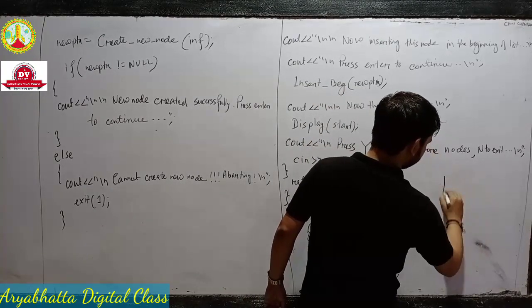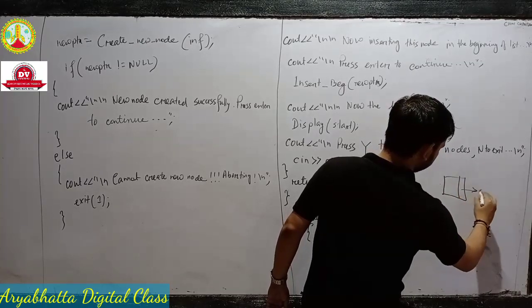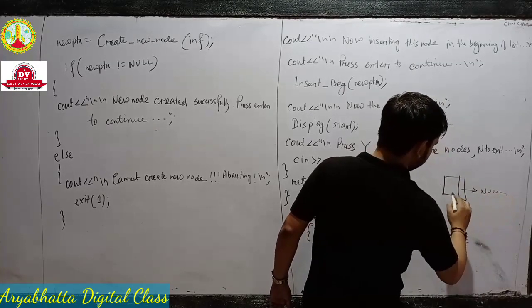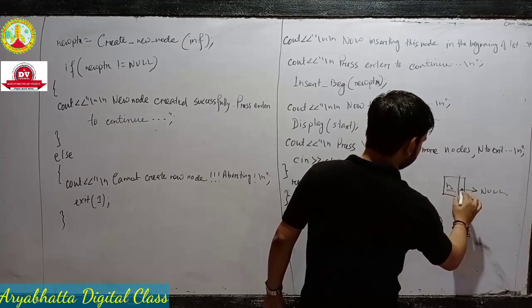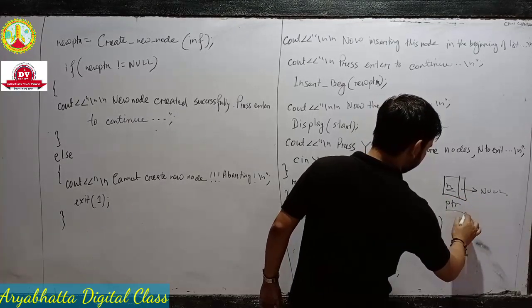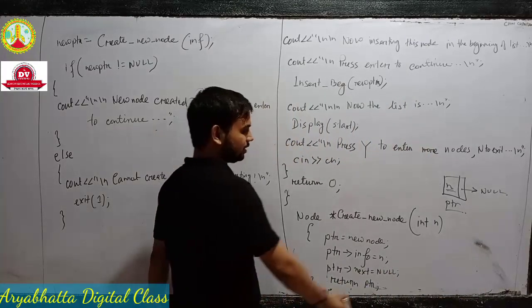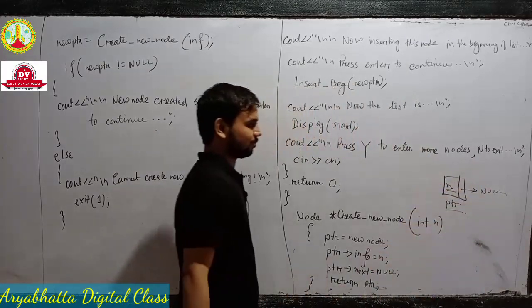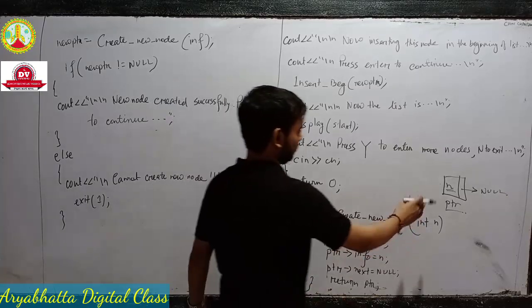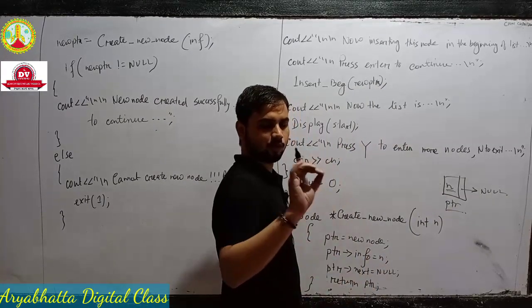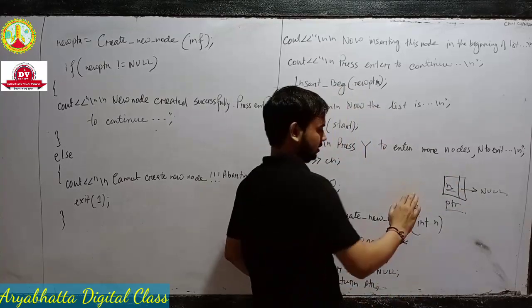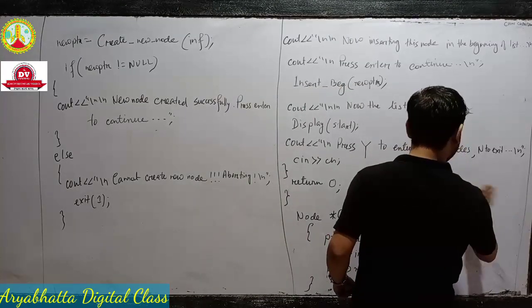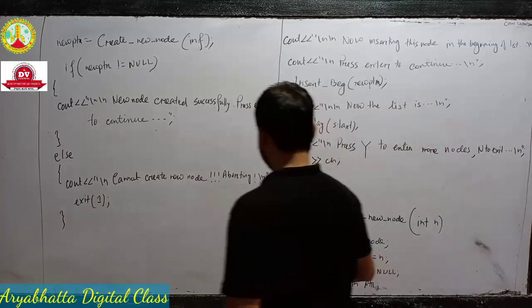This node contains only n, and next is coming under ptr. Because this is independent, up to now it is not added. After this function, when we do void insertion beginning, then this node will be added in the list. If you understand the algorithm I already told you, then you easily understand.